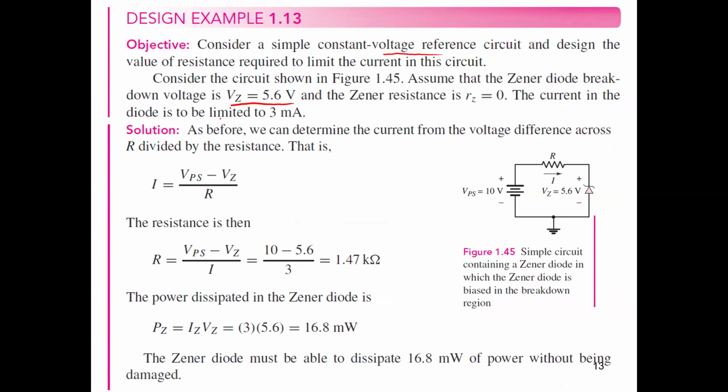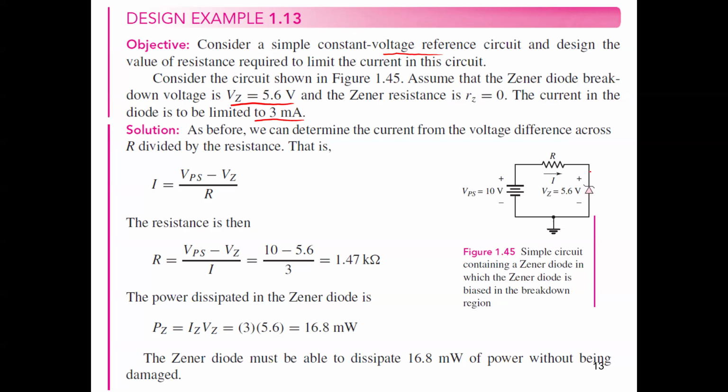The current in the diode is to be limited to 3 milliamperes. So the current in our Zener diode needs to be limited to 3 milliamperes. According to what should we limit the current of the Zener diode? Actually, it's according to the data sheet. So you will have a certain current you need to limit.